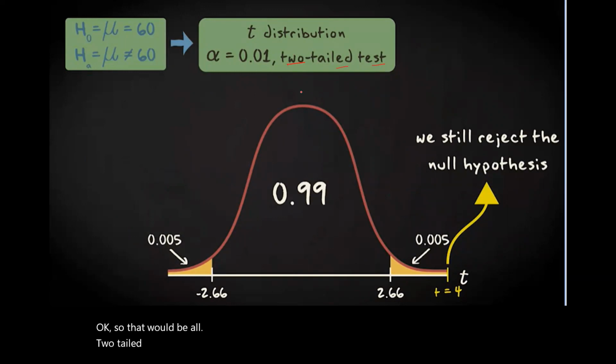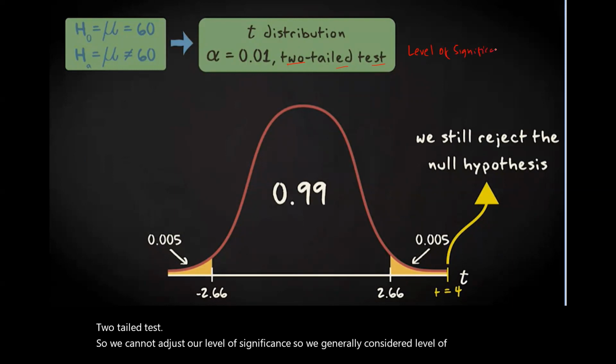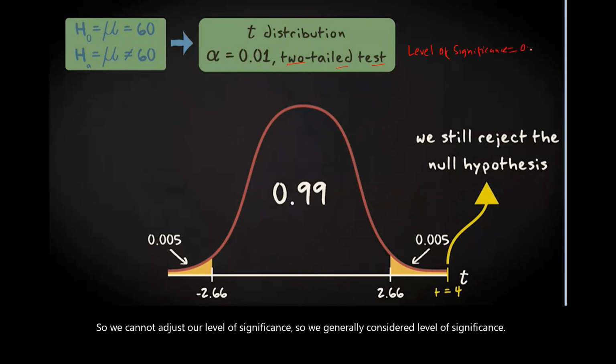So we can adjust our level of significance. We generally consider the level of significance to be 0.05, which is the general standard.